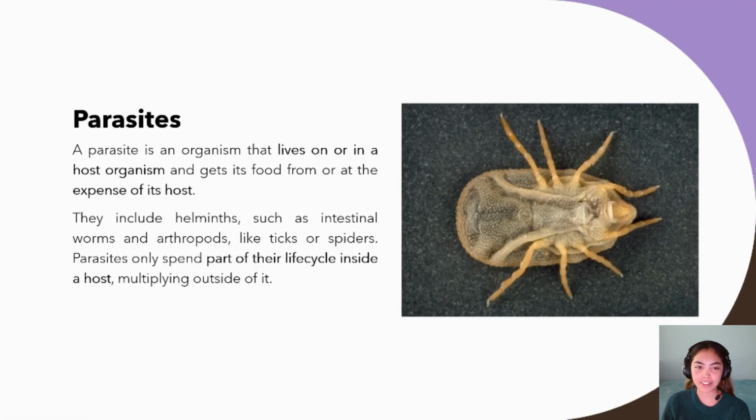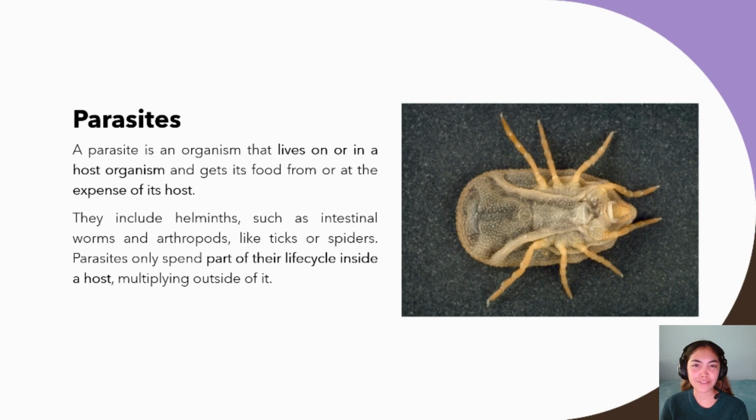For our parasites, these are organisms that live either in or on a host and get their food, but to the detriment of the host. So, it does harm them. They are not good at all. These include things such as helminths, which we more simply know as intestinal worms, such as tapeworm, or arthropods like ticks or spiders. So they're the ones that are going to live on top of you.